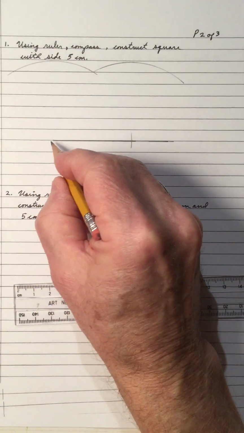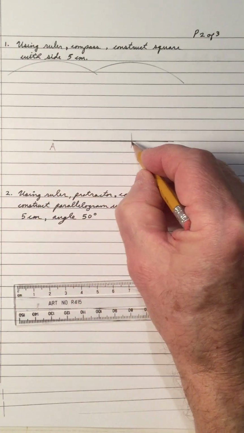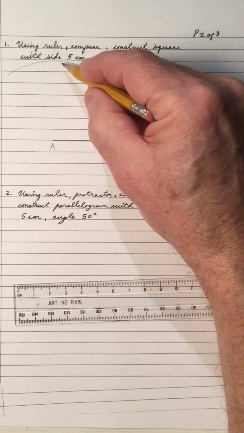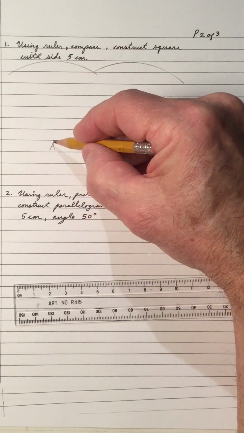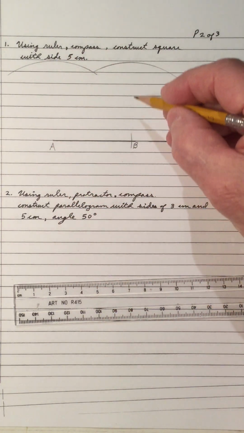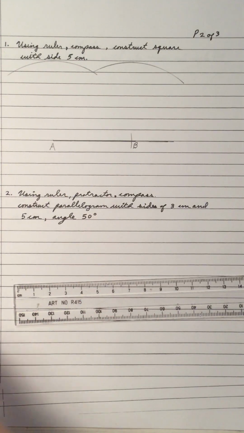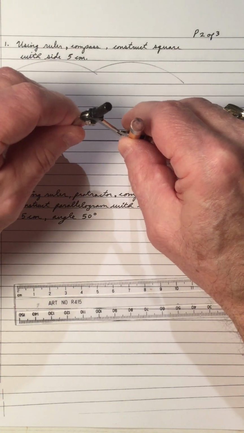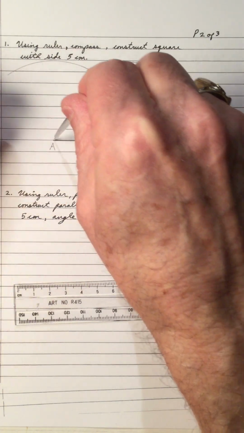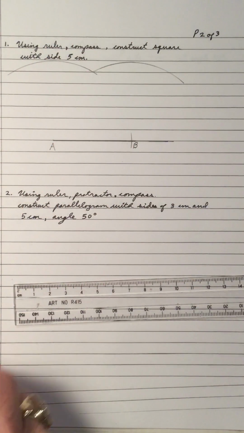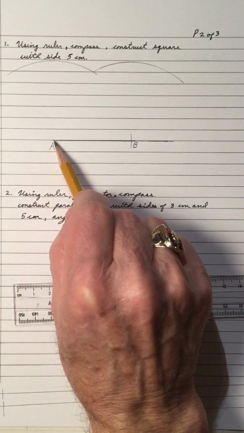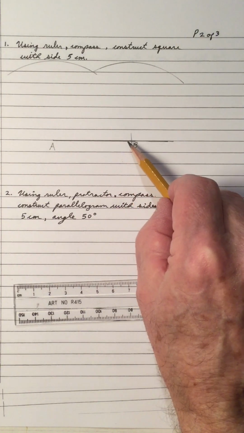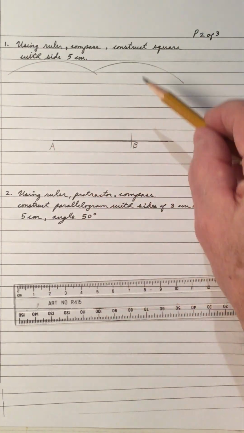So let's label this as A and label this as B. So this arc right here is 5 centimeters away from A, and this arc here, did I mark off the 5 centimeters? Yes, there it is. It looks further away. It's deceiving that this distance here looks shorter than these two, from here to here, from here to here.